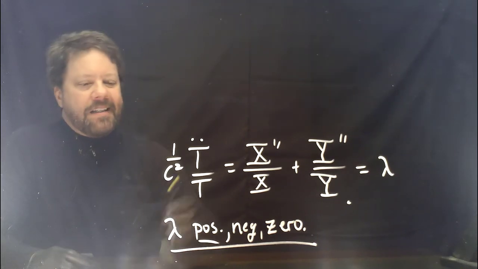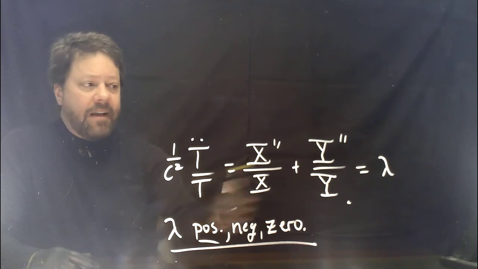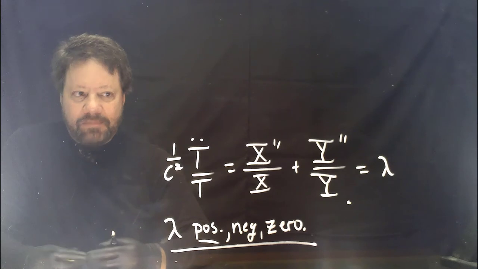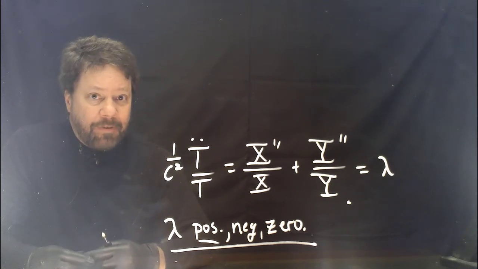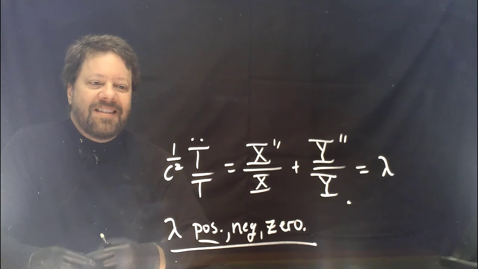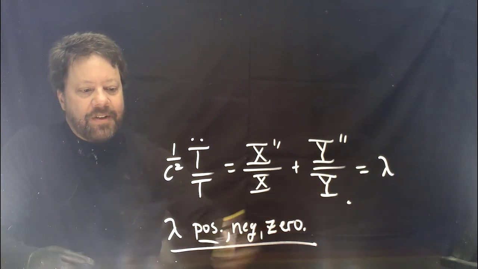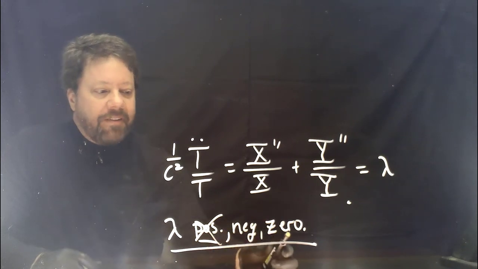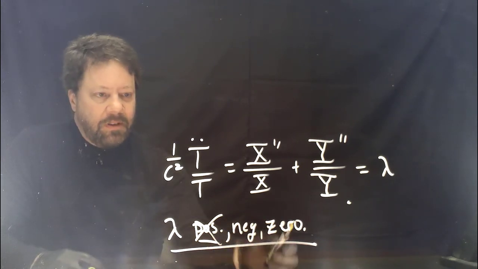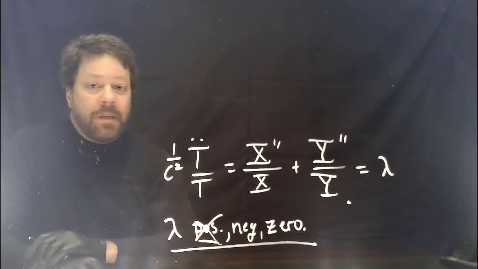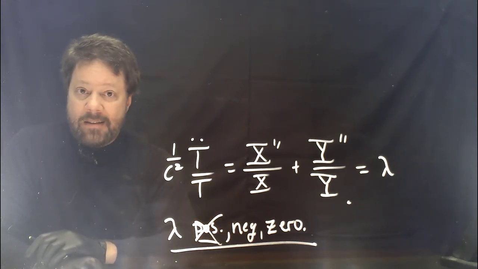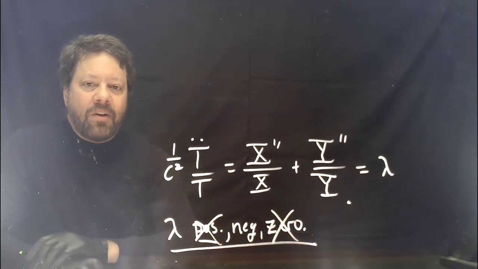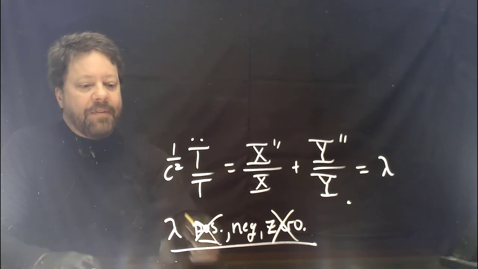If lambda is positive, then t behaves either like an exponential growth or an exponential decay factor, neither of which is appropriate for a frictionless membrane. So, you can see for physical reasons, this cannot be positive. Similarly, if lambda is 0, that means that t must grow linearly or be constant. Neither of those is appropriate either. We can see then the only real possibility is for lambda to be negative.